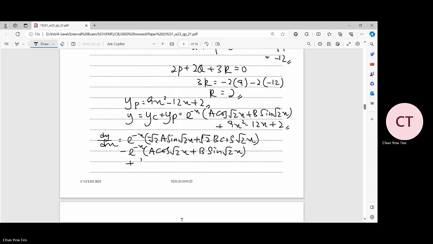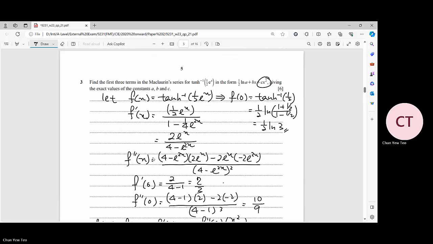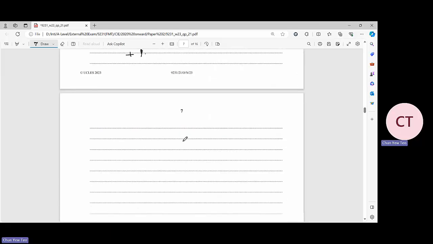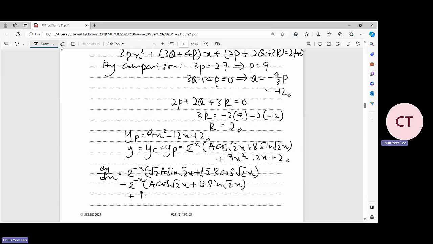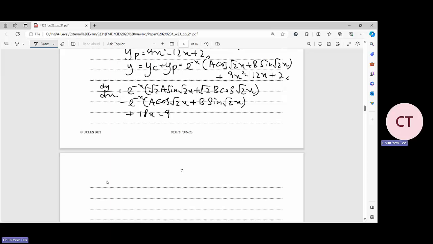Just hold on for a while. So this one, it will be 18x minus 9. Okay, now we are ready. Given when x equals 0, y equals 2.